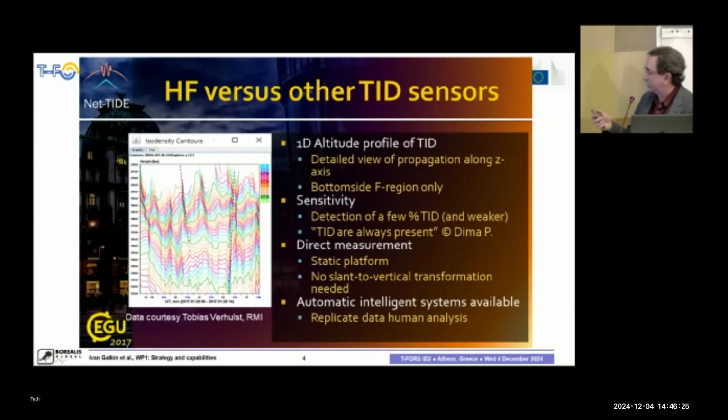One of our key experts on TID detection with the HF would say TIDs are always present, and we see them. If you look at this lovely contour plot, there's definitely something going on. You see the up and down and the vertical structure.